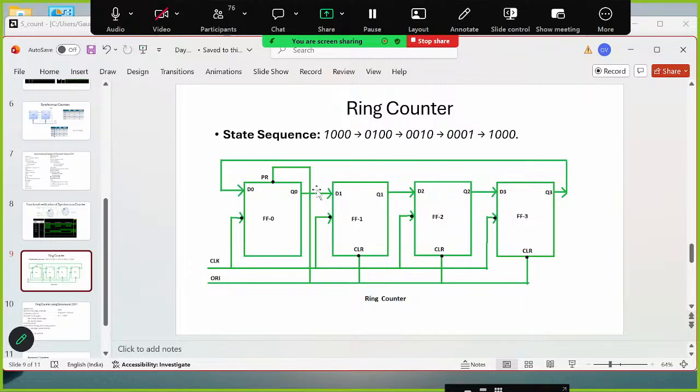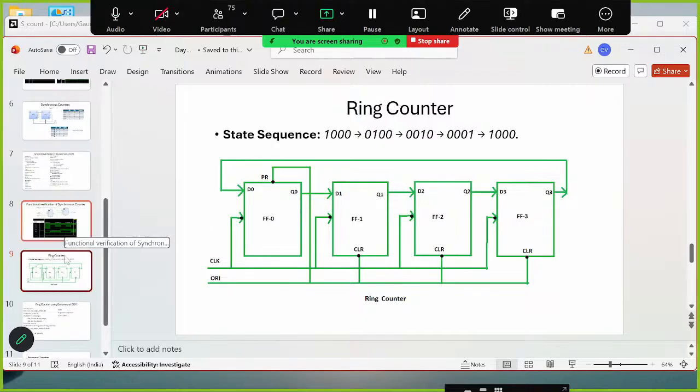This is u(0), this is u(1), this is u(2), this is u(3).